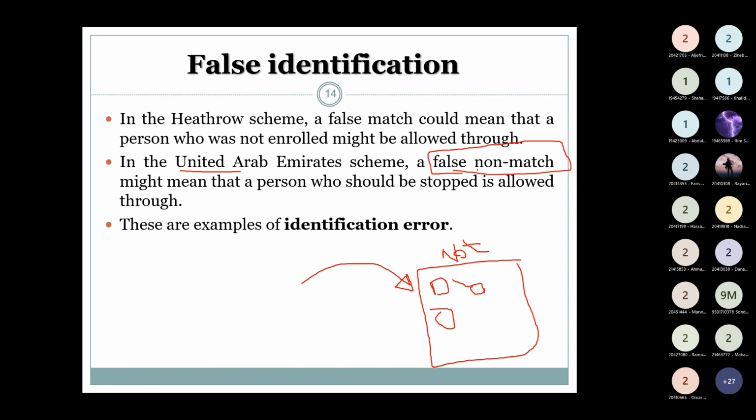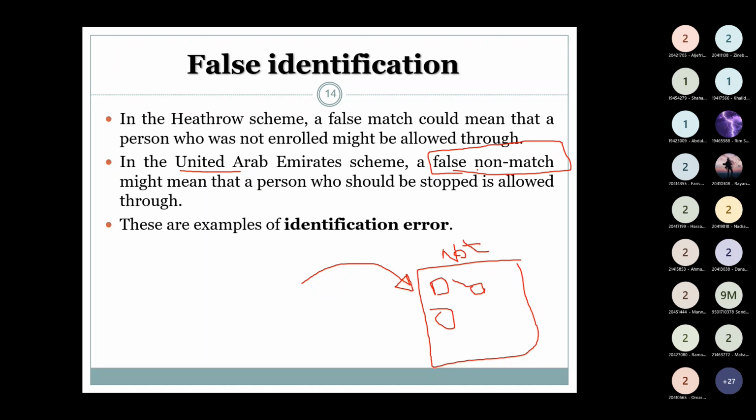So we have two types. We will check if this person is a member or not, and this is the positive identification. And we will check if this person is not a member, and this is the negative identification. The positive identification is used in the UK. The negative identification is used in the Emirates.